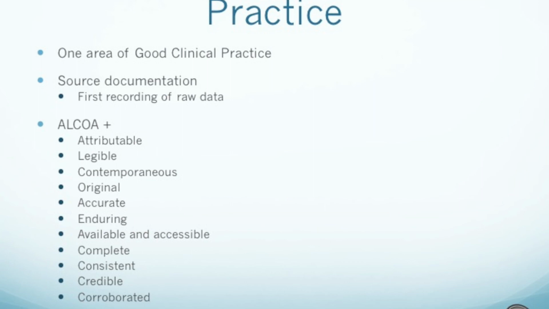So it is easy to see who took the measurements. And the nurse also records each number legibly. So corroborated just means that the patients are coming to the appointments and the data that's collected is easily supported by how the trial is being conducted at your site.